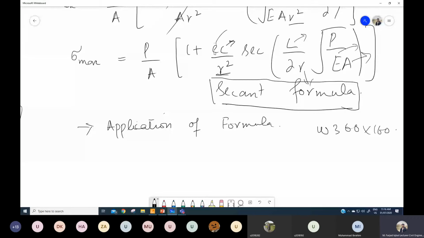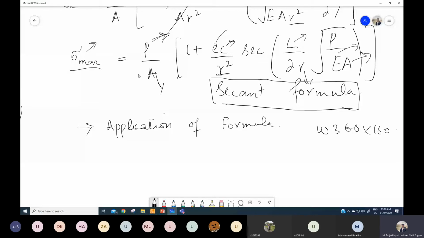Again, if you are provided with this E factor and A factor, the basic purpose of this formula is to calculate the stresses if the loads are given, and the second purpose is to calculate the load, or the maximum load that the column can carry, if you know the stresses, right?